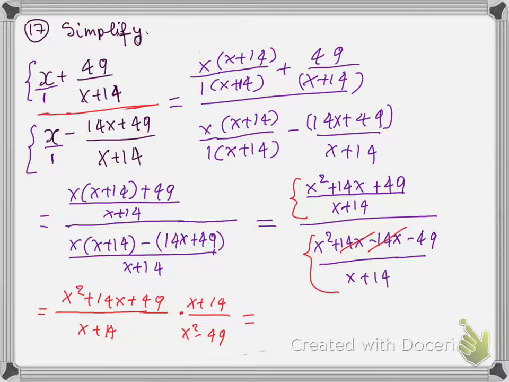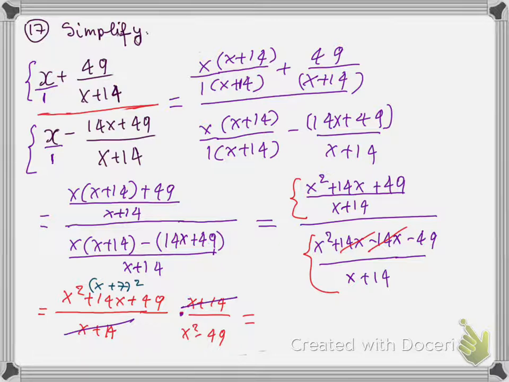Observe that we have x plus 14 will cancel out with x plus 14 because we're multiplying these two fractions. And x squared plus 14x plus 49 factors into x plus 7, all of it squared.